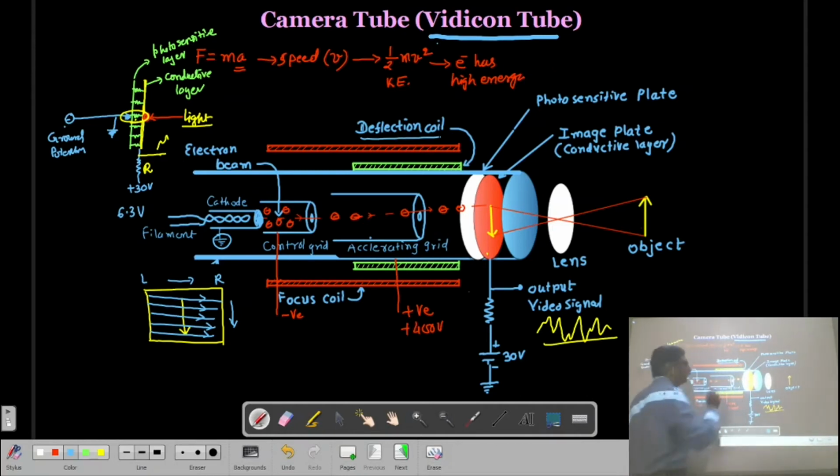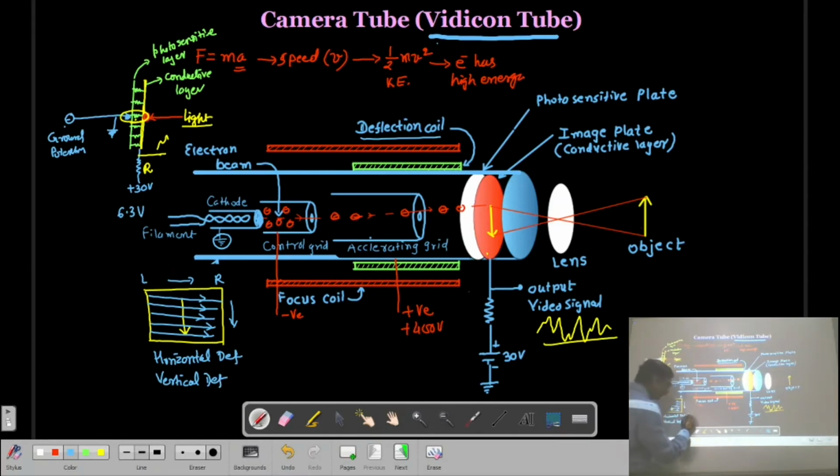So there are two deflections. One, which is from left to right, is known as horizontal deflection. And another, which is from top to bottom, is known as vertical deflection.